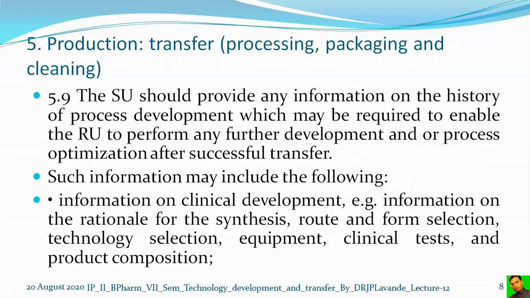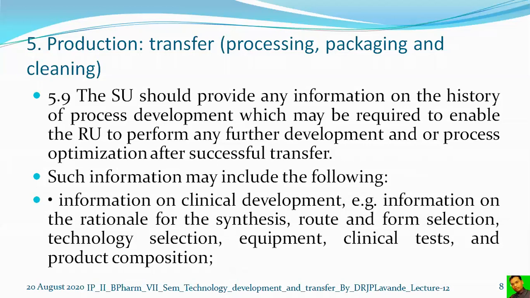So this information should be provided by the sending unit, or the technology receiving unit should know this particular history. Based on that, they should come to know how the antibiotic penicillin was developed. Such information may include the following.